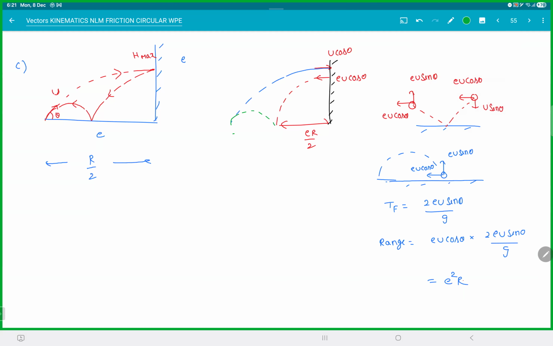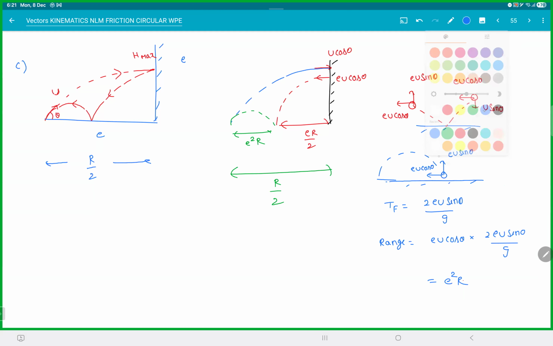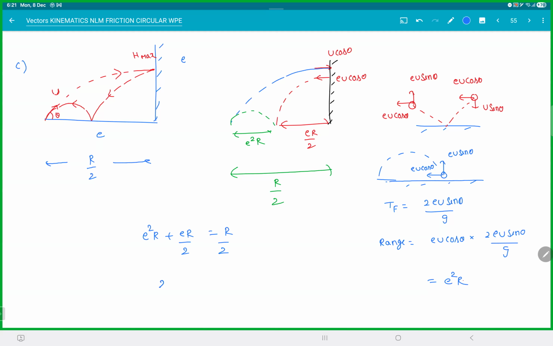This distance will be e square R. But we know this total distance is R by 2. So e square R plus eR by 2 is equal to R by 2. 2e square plus e minus 1 is equal to 0. e is equal to half. Clear with this?